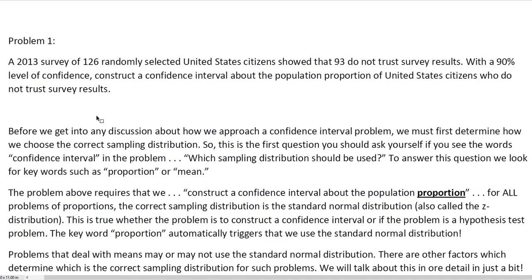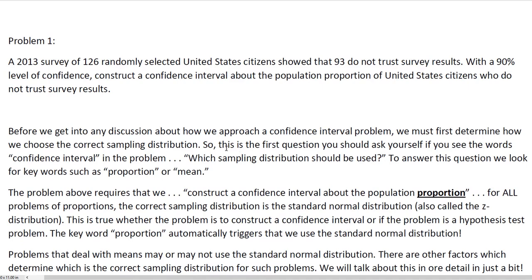Before we get into any discussion as to how we approach confidence interval problems, we need to determine which is the correct sampling distribution that we use for these types of problems. We have two choices of sampling distributions. One is the standard normal distribution, and the other is the t-distribution.